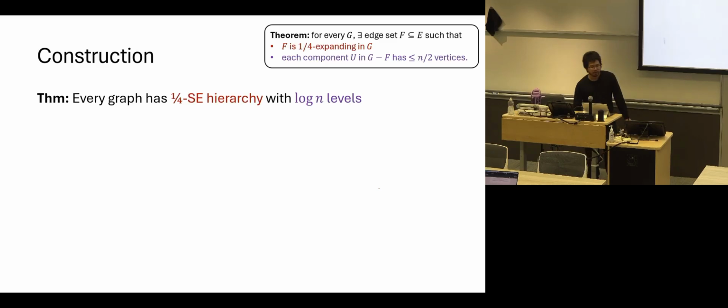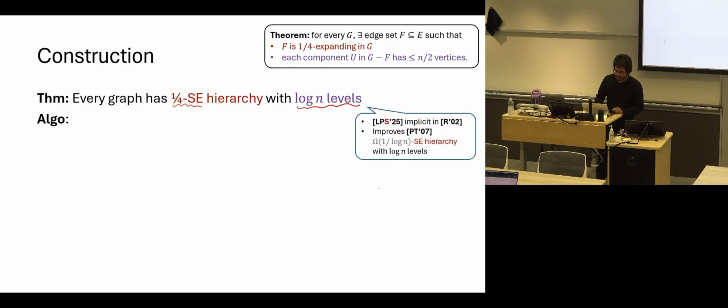Now, I claim that for any graph, you can build this 1/4 separator expanding hierarchy, where the number of levels is just log n. The construction is really simple, given that we know how to build the expanding balance separator.